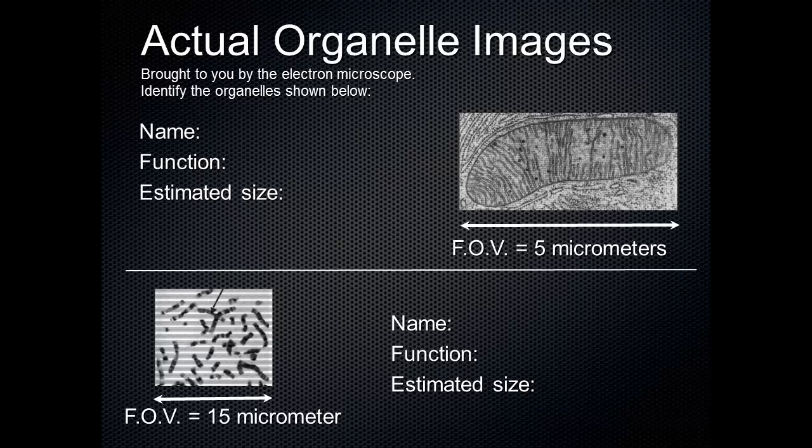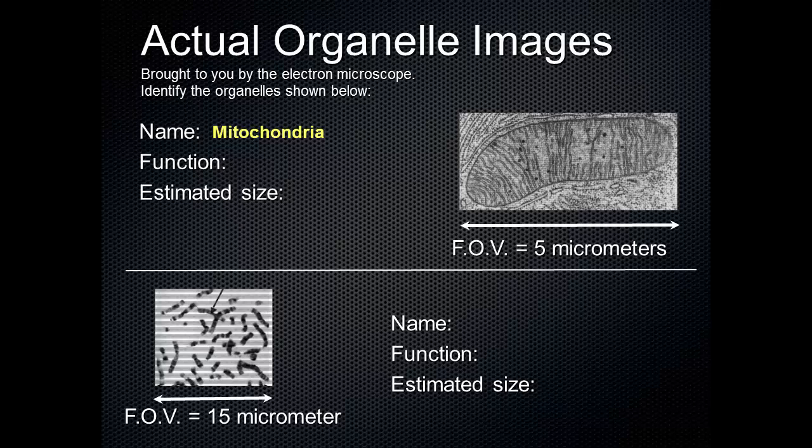If you look at this organelle within a cell, it's oval with all these folds inside. Does anyone know what organelle this would be? Mia? Yeah, that's mitochondria. You recognize mitochondria, like I said, it's like a bean with lots of folds inside.